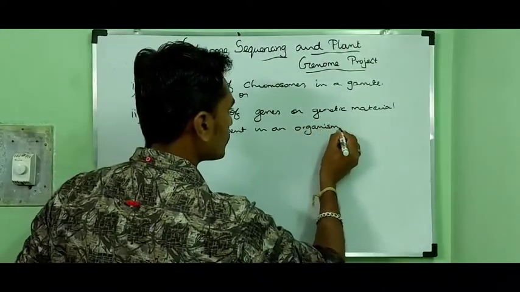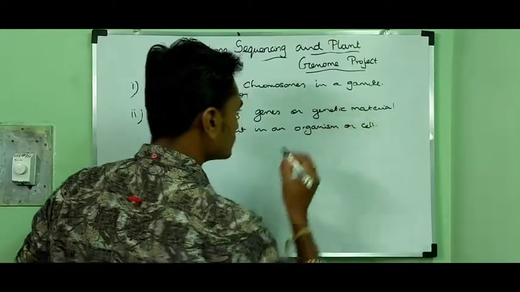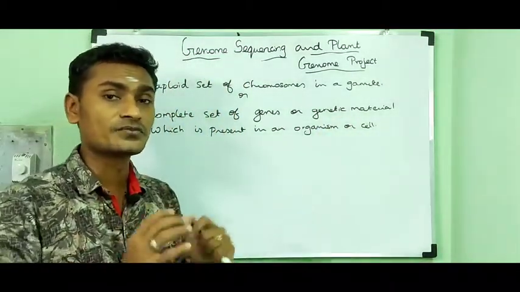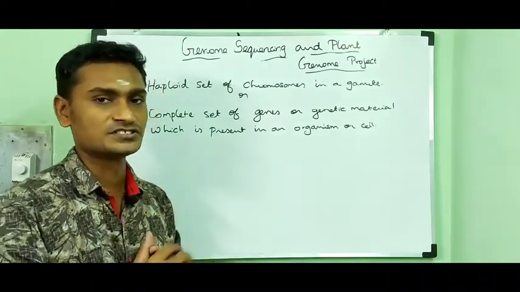So, the totality of the DNA sequence of an organism is called as genome.